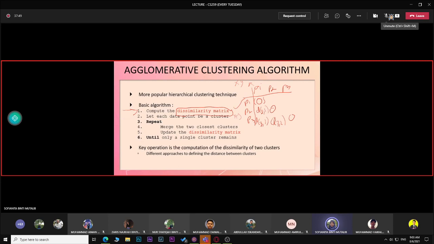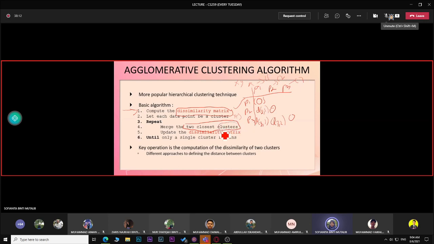Next, after you have got this, what we are going to do is merge the two closest clusters. Remember just now I said that in agglomerative, firstly, each object is considered one cluster. That means here we have 3 objects, so this is cluster 1, this is cluster 2, and this is cluster 3.